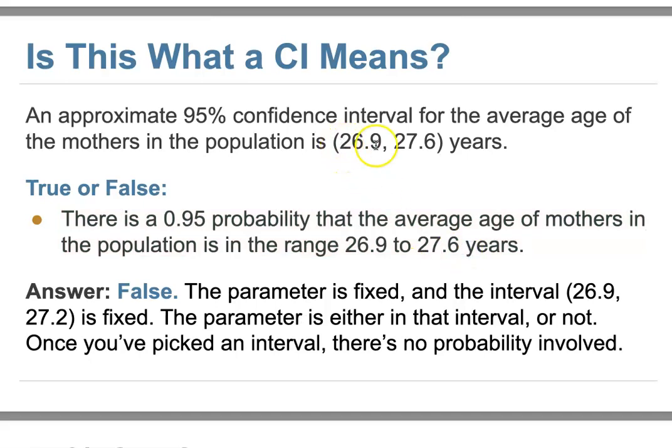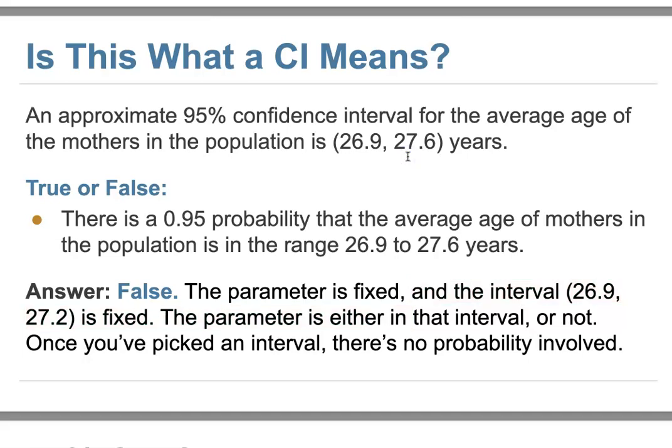We just say we have 95% confidence the average will fall into this interval. It's just that the parameter, the average, is fixed. The interval is fixed according to each run. So in these 3000 runs, that's the interval they get.